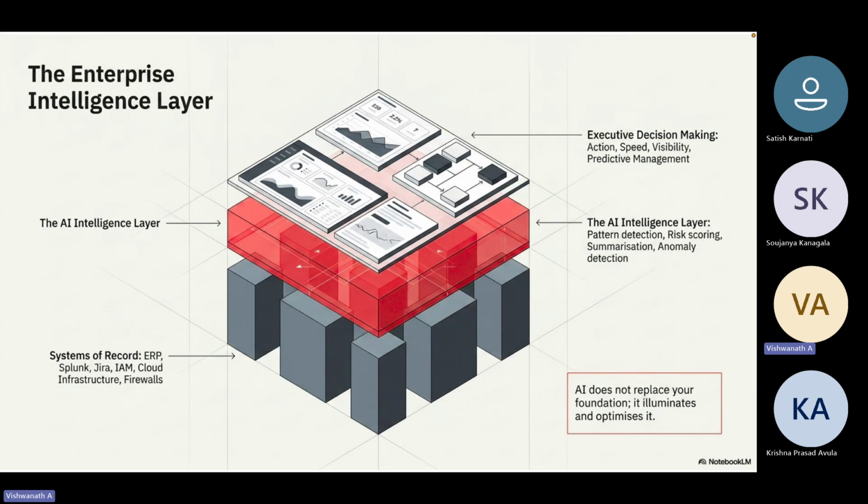So again, when you are adding this particular system on top of the layer, these are the existing layers which you have already seen, right? The ERP systems, Jira or Splunk or any other application, all these are simple systems taking records. These are the applications, and this orange box is your intelligence layer. So when you're adding this, this is what you're going to recognize, the pattern detection.